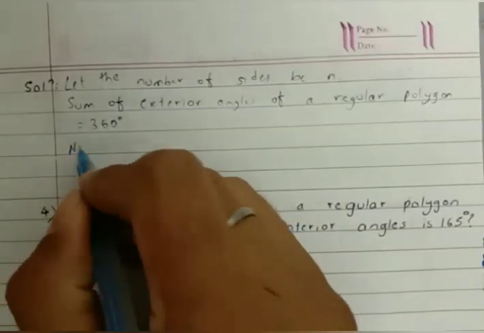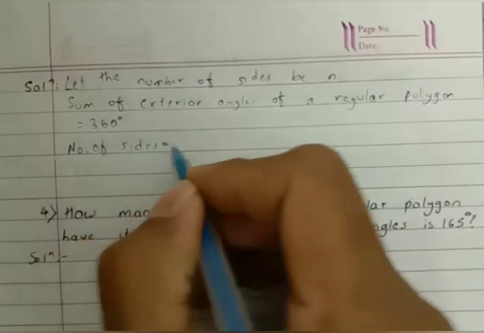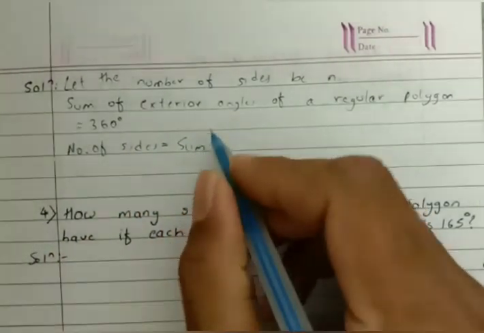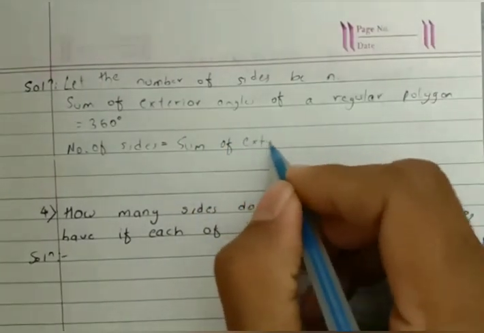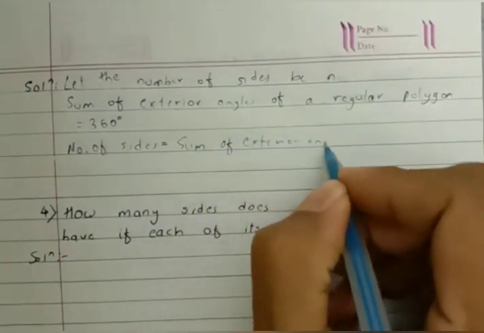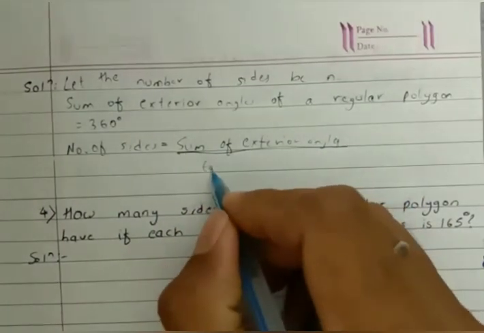Now number of sides equal to, this is the formula, sum of exterior angles divided by each exterior angle.